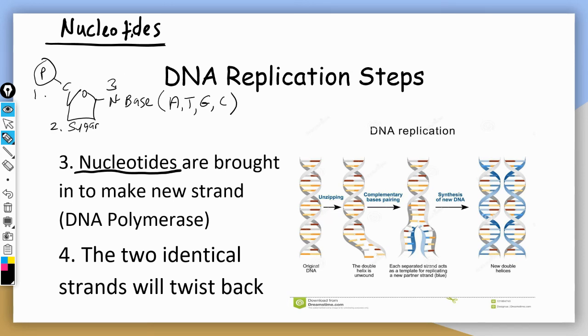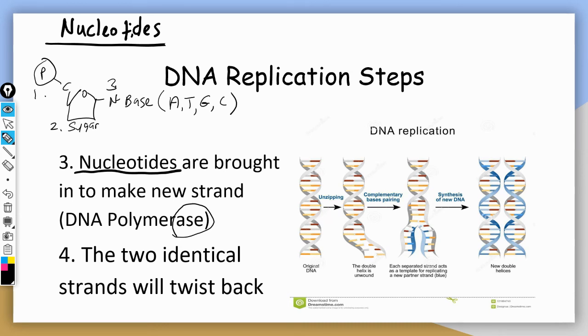So a lot of times we'll use only the letter that represents the nitrogenous base to represent the whole nucleotide, but it's important to remember that the nucleotide actually has two other components in addition to that nitrogenous base. So new nucleotides are brought to make the new strand. And again, we don't have to memorize the names of all these enzymes and understand exactly what each one does, but DNA polymerase.